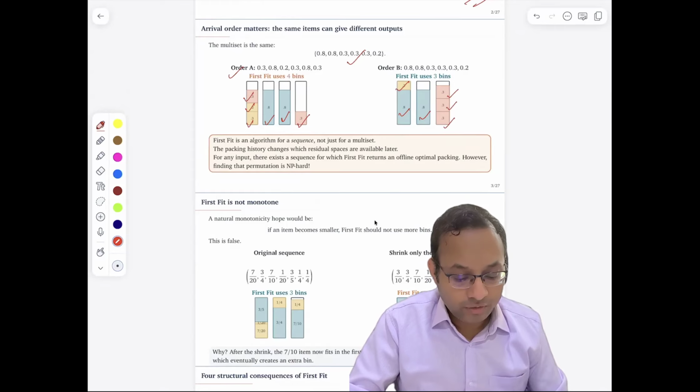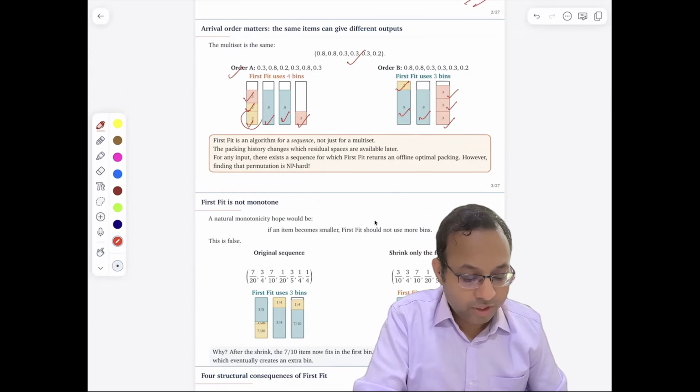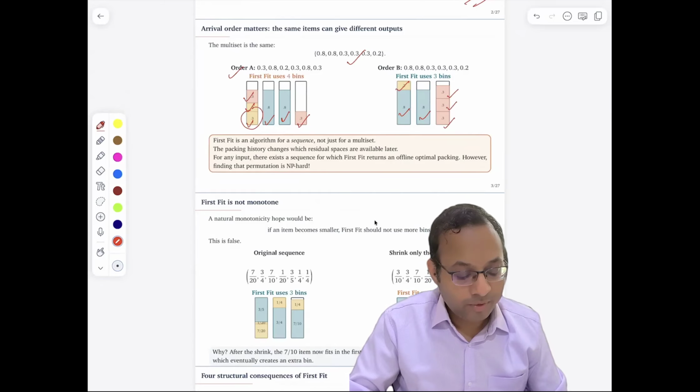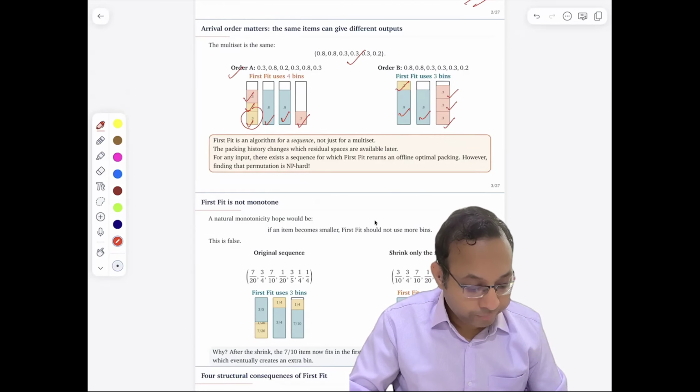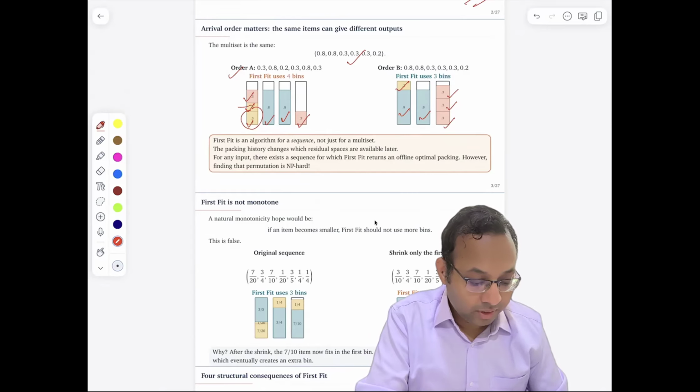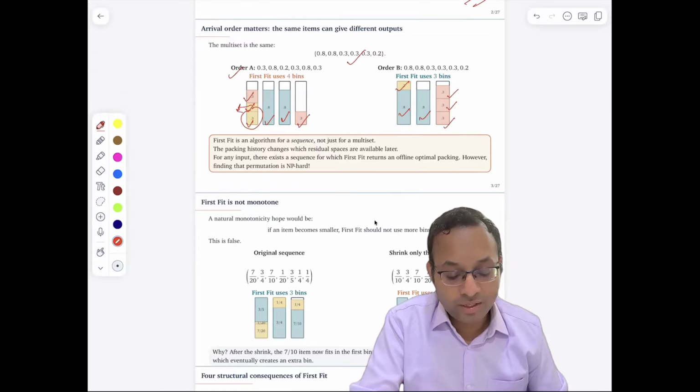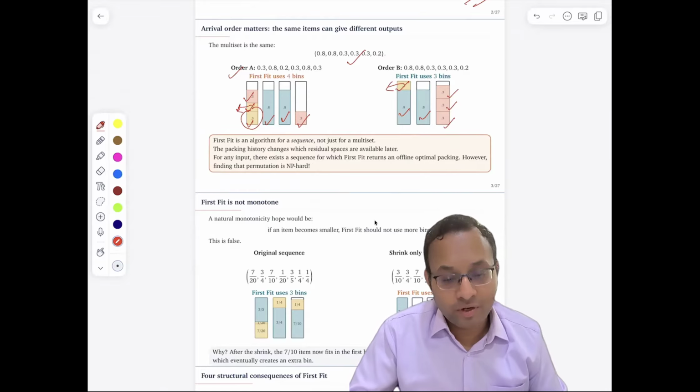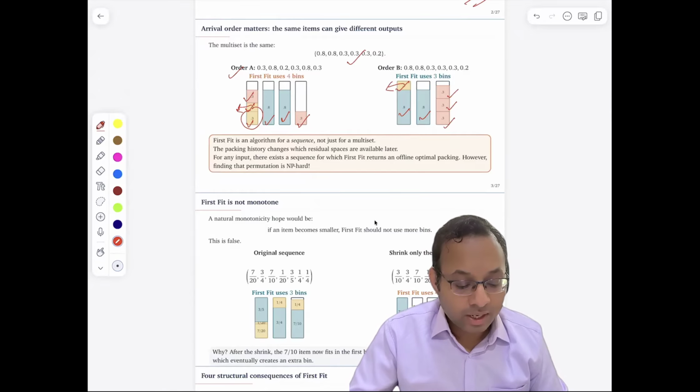So the reason it is different: in the first example, we already put 0.3 in the first bin, and then we had to place 0.8 and 0.8 in the next 2 bins. But then once the item 0.2 appears, we place it with this one, which was the first bin, whereas in the second case, we place it in a different first bin. And that gives us a better packing and we get fewer bins.